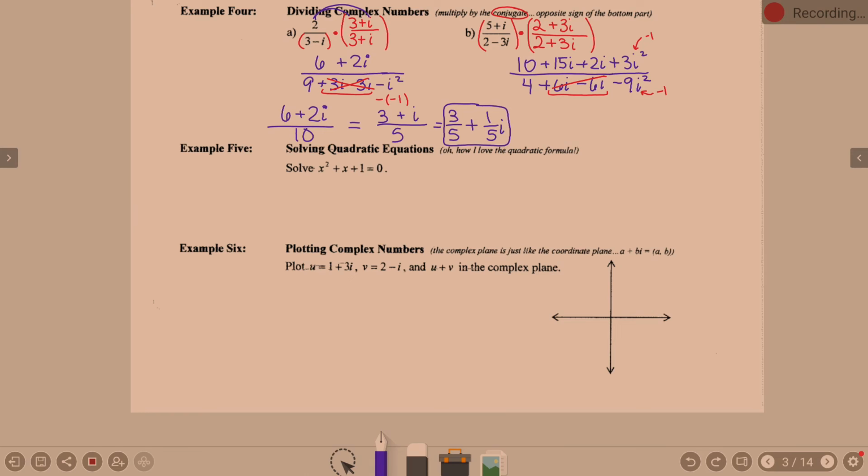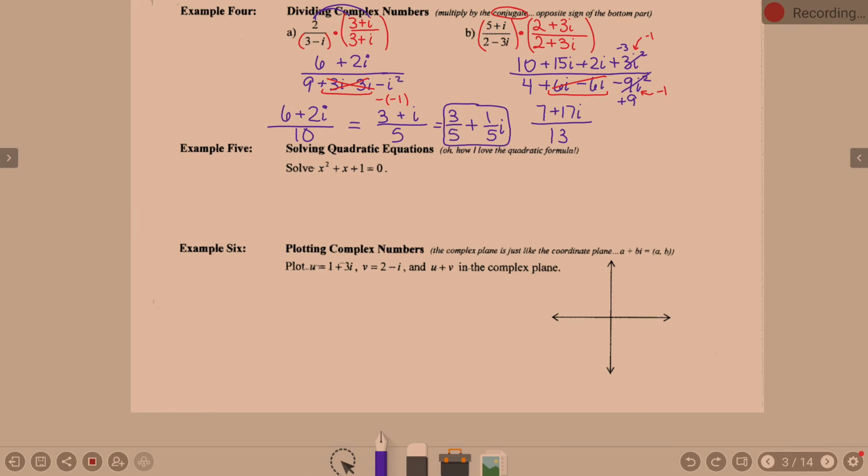Yeah. When we say plus 3i squared, it really becomes minus 3, doesn't it? So 10 minus 3 is 7. 15i and 2i is 17i. On bottom, minus 9i squared really becomes plus 9. 4 plus 9 is 13.